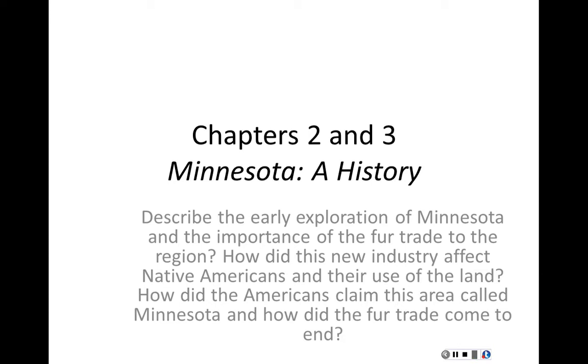The fur trade becomes so important that it becomes the focus of wars between Native American groups and between European powers desperate to control the trade. We'll keep going with that when we get to the British control of this region.